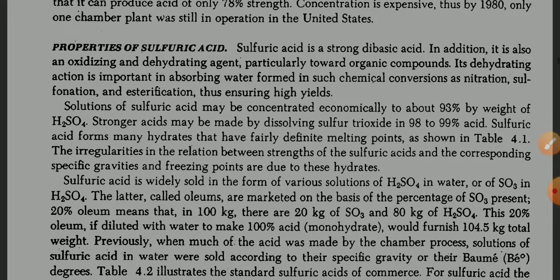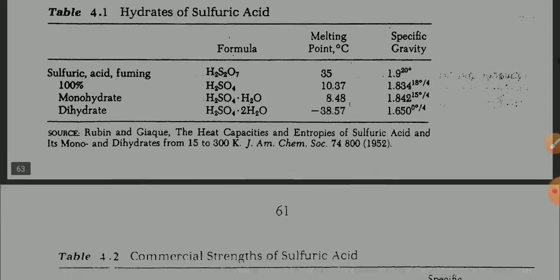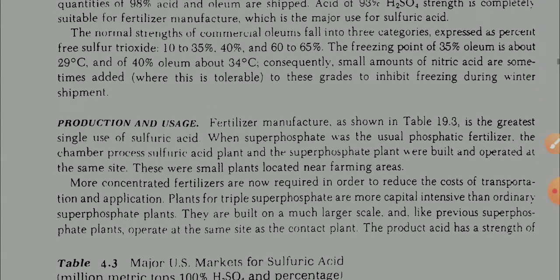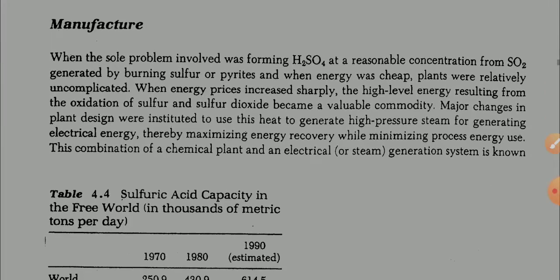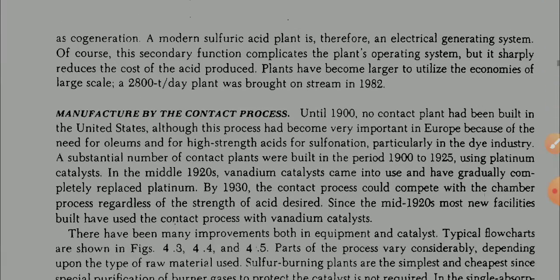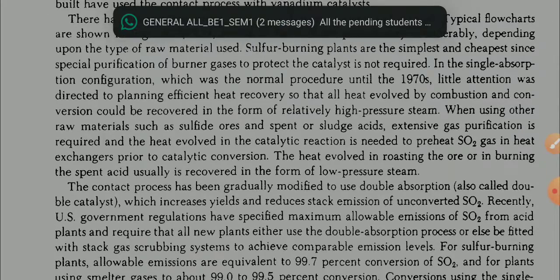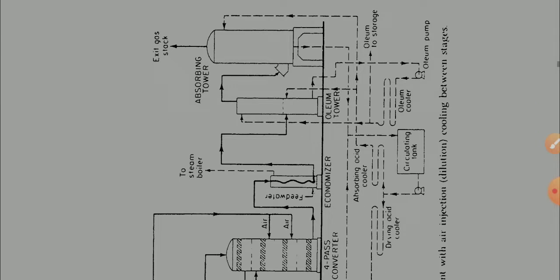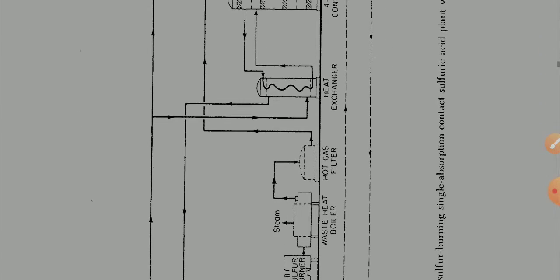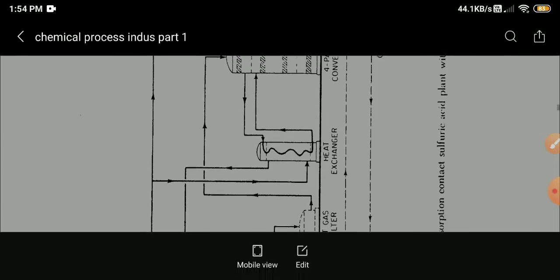Now the properties of sulfuric acid. We will see which properties there are. Then after that we discuss the manufacturing processes, production and uses also. Then manufacture. Okay, so the chemical reaction, then the flow diagram for the manufacturing processes.